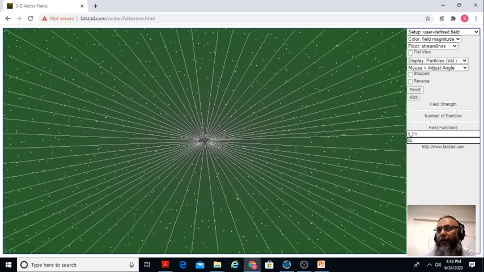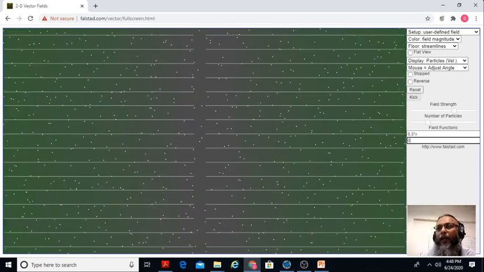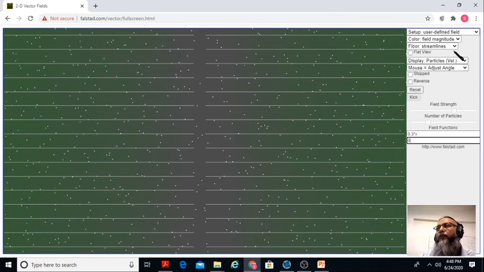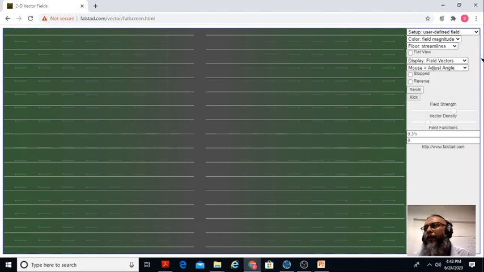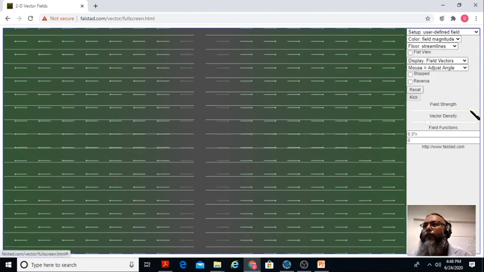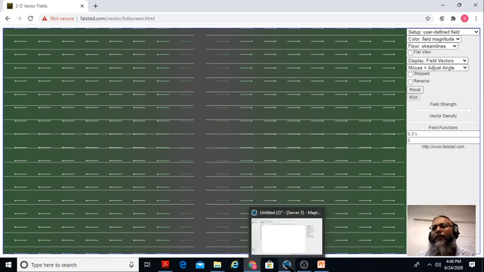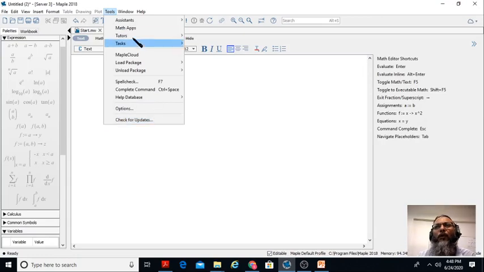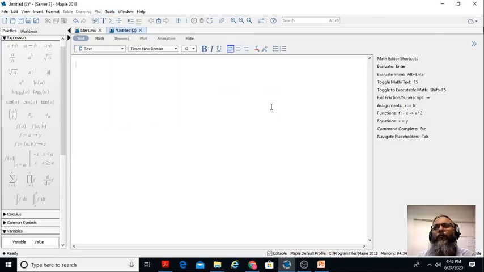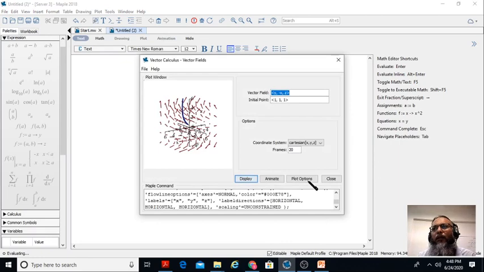So if I plot it this way, I don't see the velocity vector here. Okay, just go to this velocity vector. Since the strength is not that much, you can see initially they are smaller in strength, but at the outside they are bigger in strength. This can be shown on Maple as well, because if you go to tutors, vector calculus, vector fields, you have a vector field applet for 2D.